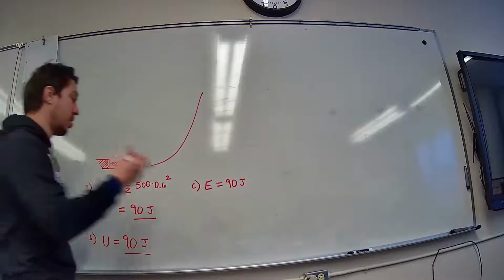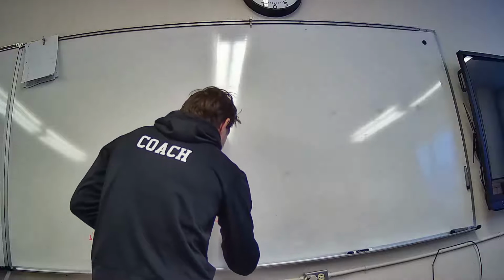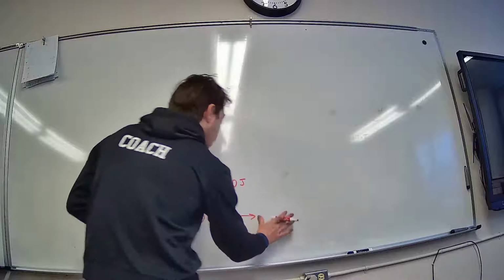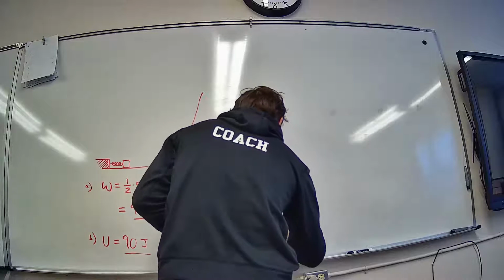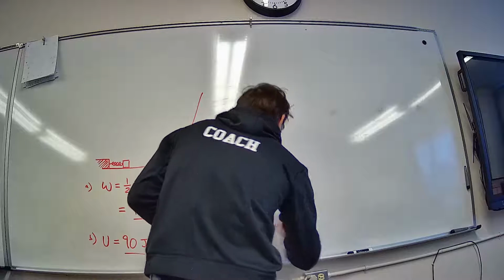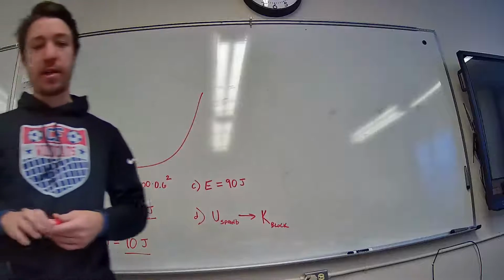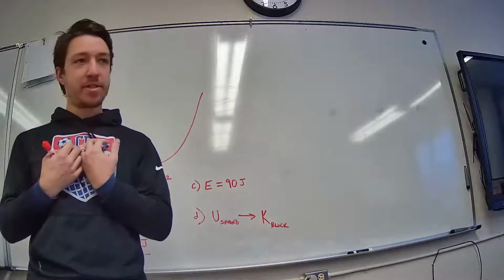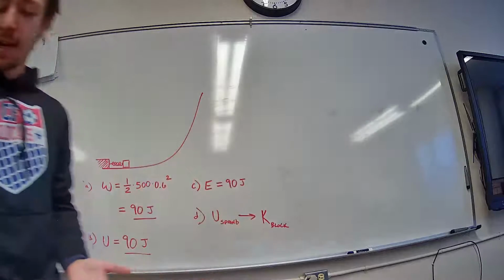So the potential spring energy is converted into the kinetic energy of the block. Okay? So the spring is like, hey, take my energy. I got squished. I got all this energy inside. I'm going to give it to you, Mr. Block.